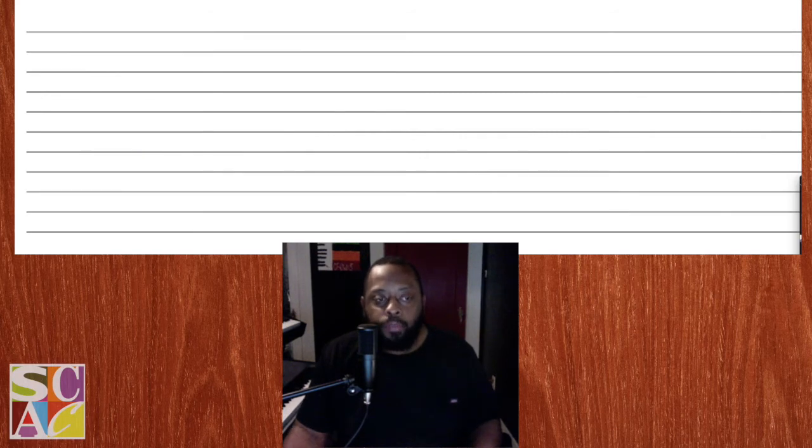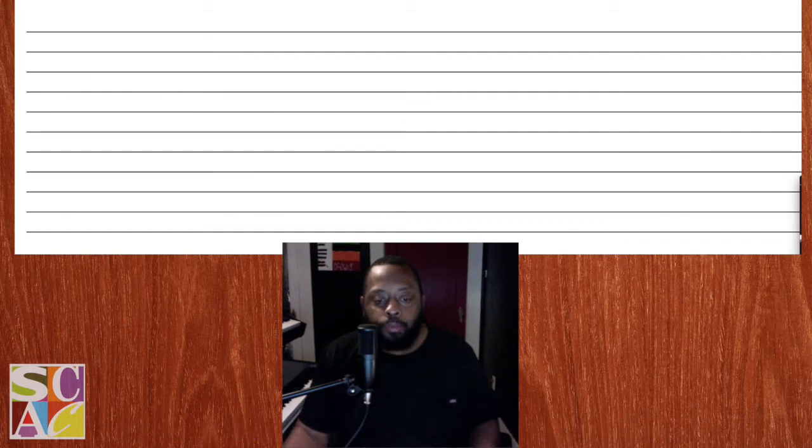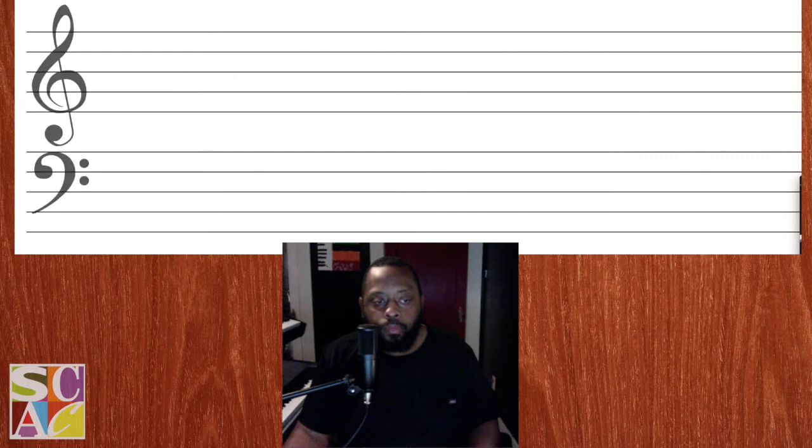Now finally, we have all these lines here. So we have the treble clef by itself. We have the bass clef by itself. But let's see what happens when we put them together. This is called the grand staff. And the grand staff is where you have the treble and the bass lines put together.